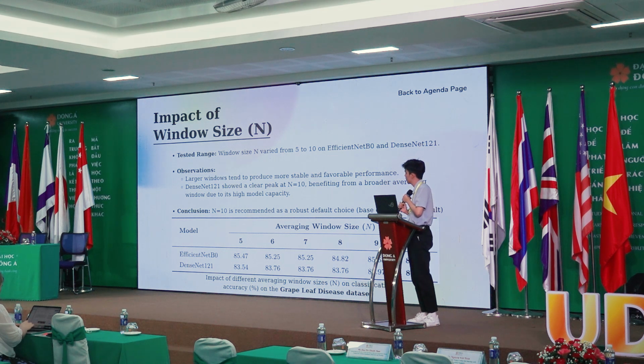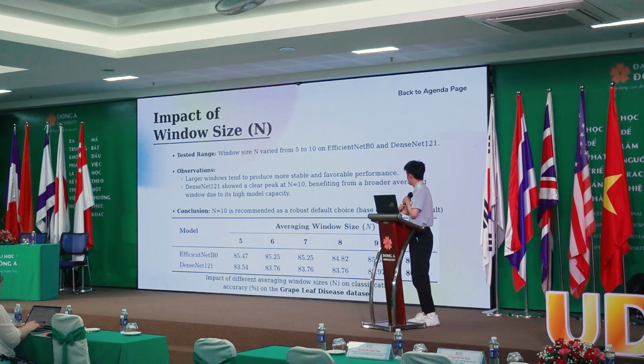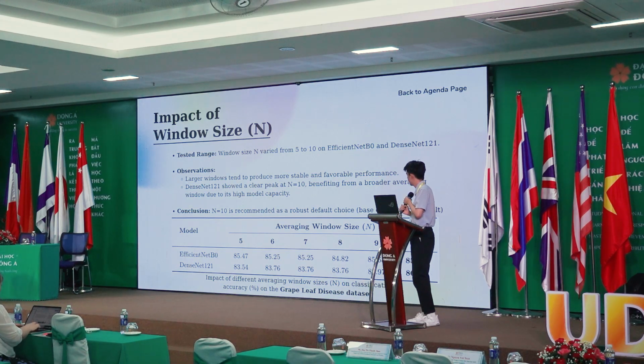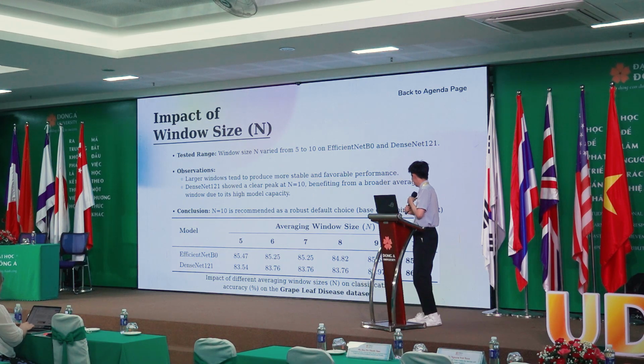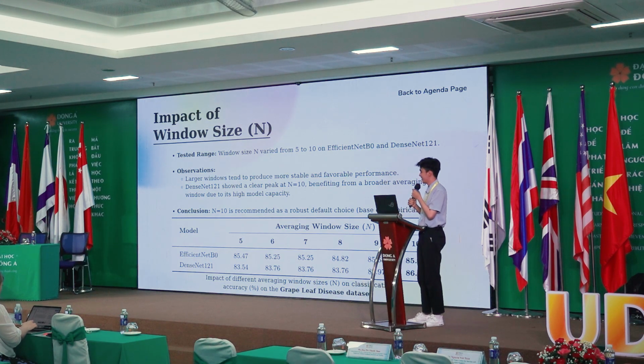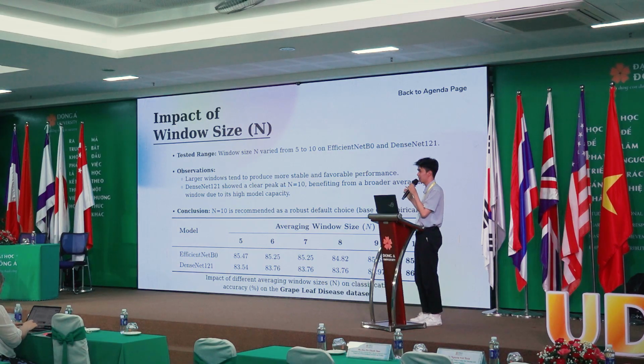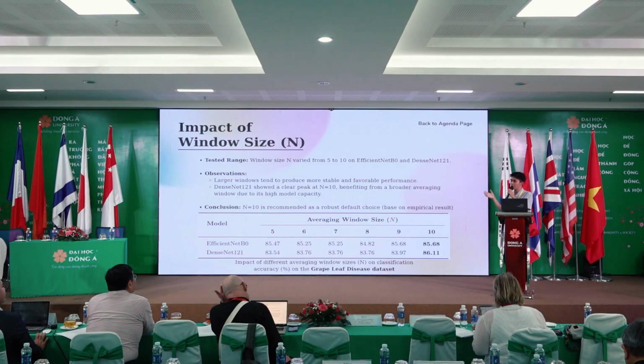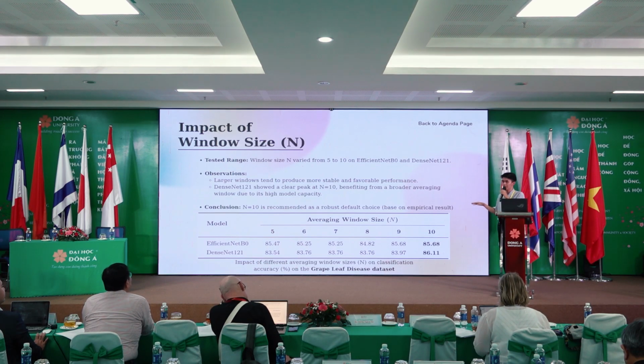Particularly if you take a look at your DenseNet 121, it looks like if you keep increasing your n number, then you can reach more. There's another method that averages all the checkpoints from the beginning of training to the last epoch, but each spot has a different weight.